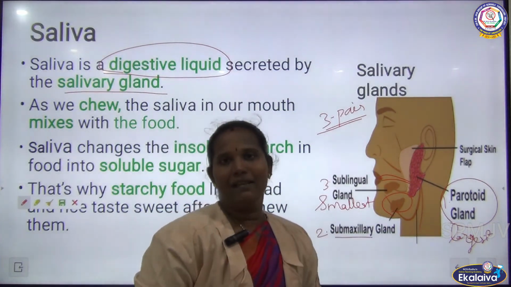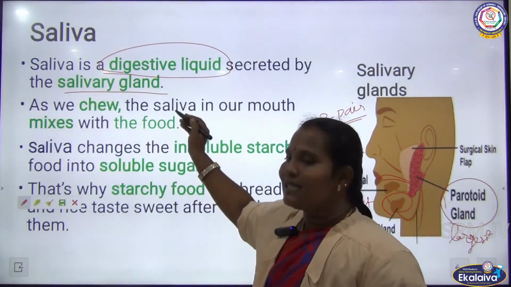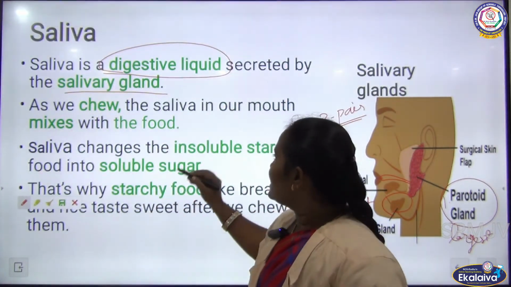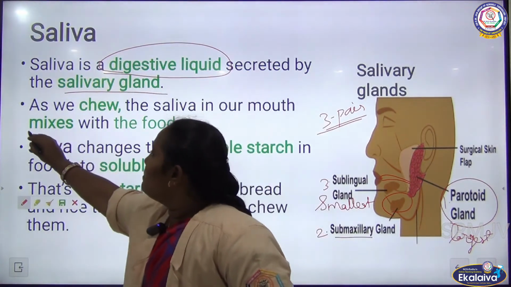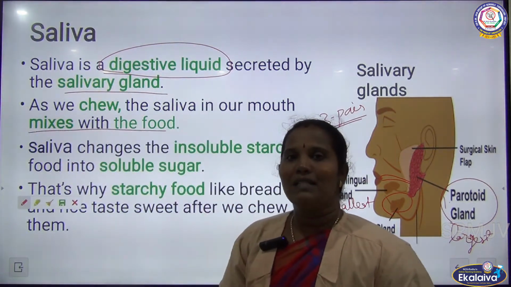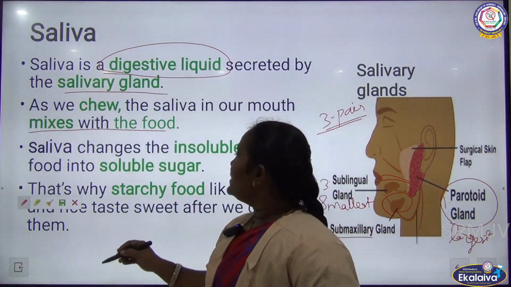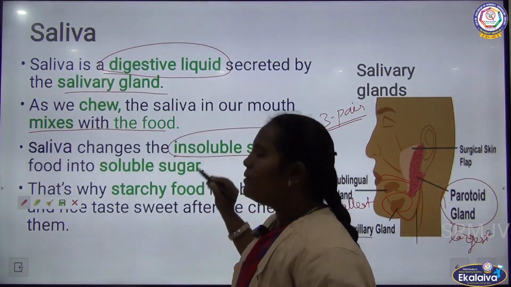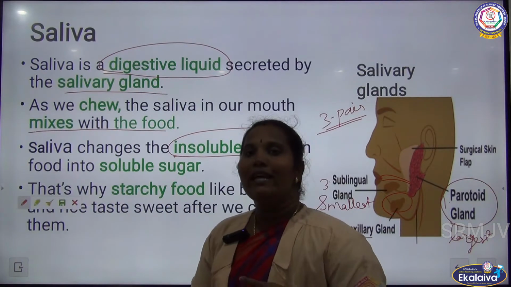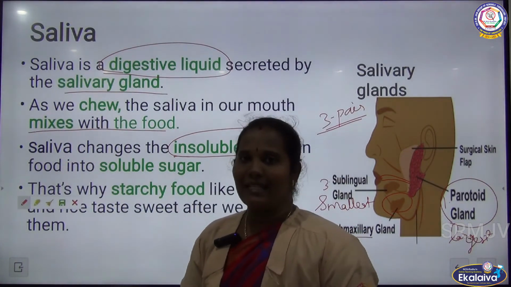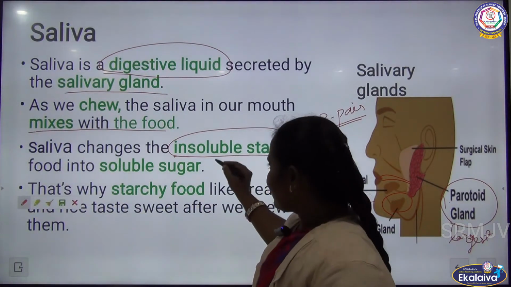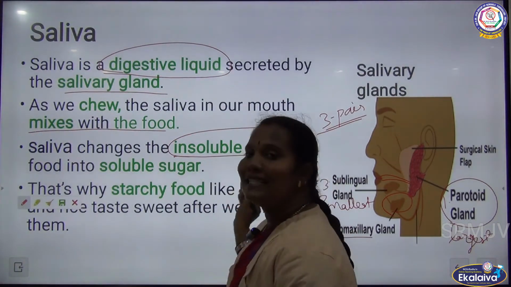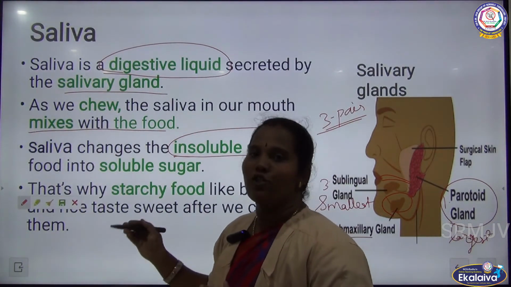So these salivary glands secrete saliva, which helps our digestion. How do they help? They mix with the food. After that, the saliva changes it. What is the use of saliva? Saliva always keeps our mouth moist, and it helps convert insoluble starch into soluble sugar.